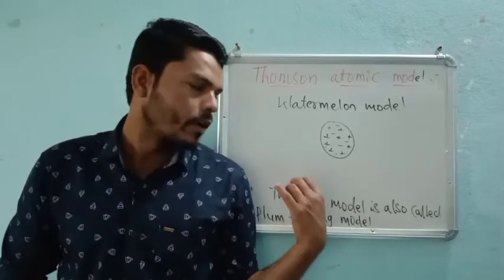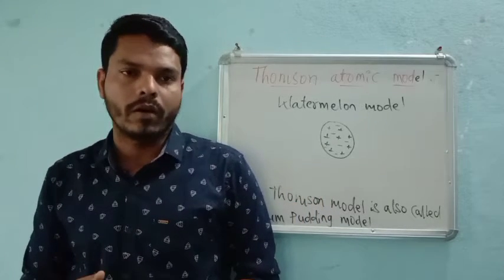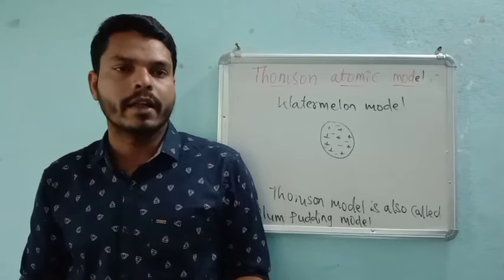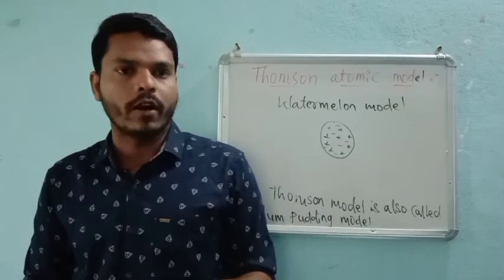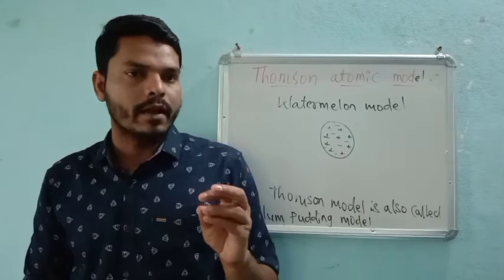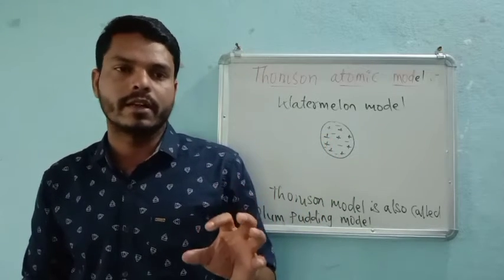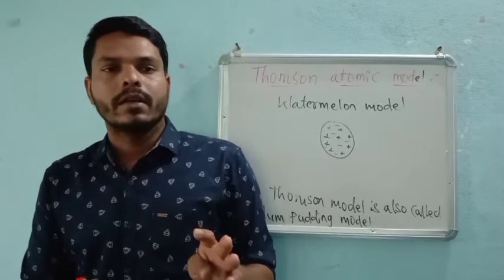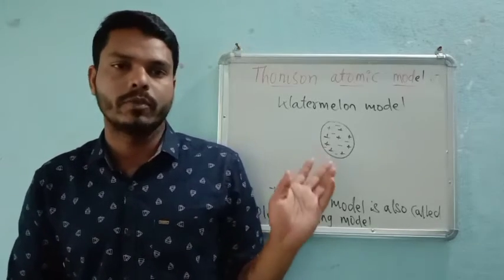And the third point, this Thomson model is also called the plum pudding model or watermelon model. In the watermelon, the pulp of the fruit, whatever we eat, he considered as a positive charge, and the seeds he considered as a negative charge, and like this only there may be an arrangement of the atom, he assumed.